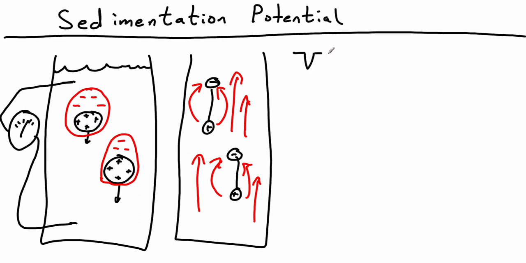the potential difference for sedimentation potential is the length of the system. So in other words, how far apart are these electrodes in terms of height?